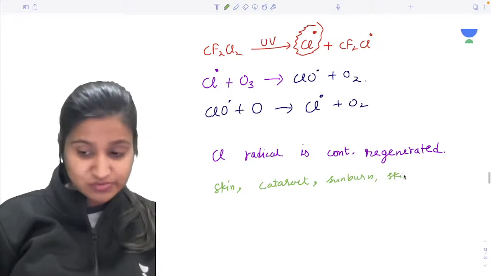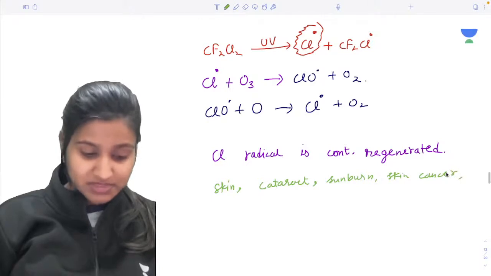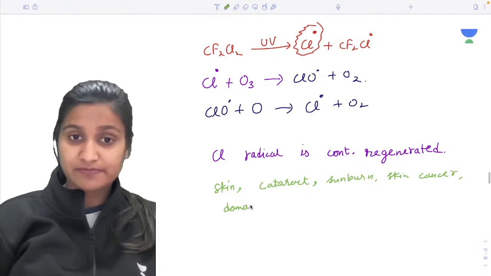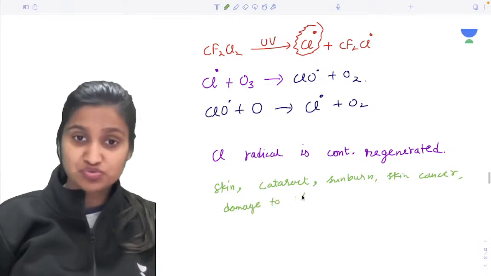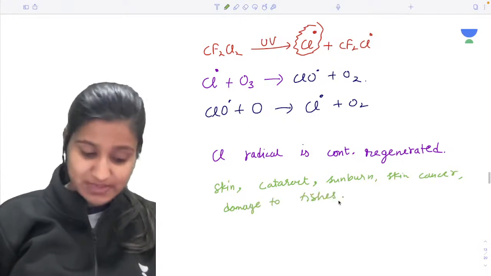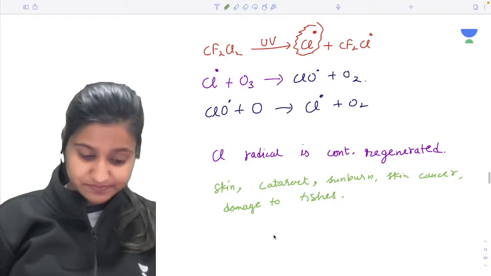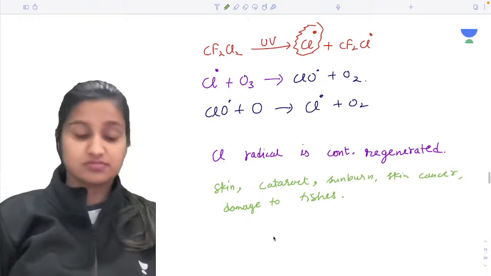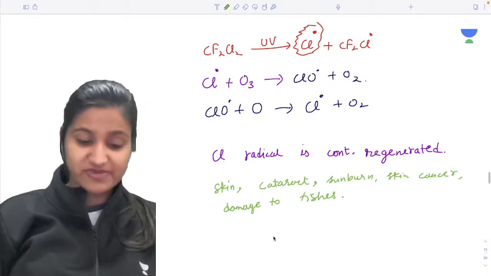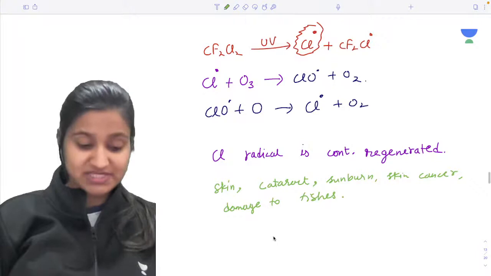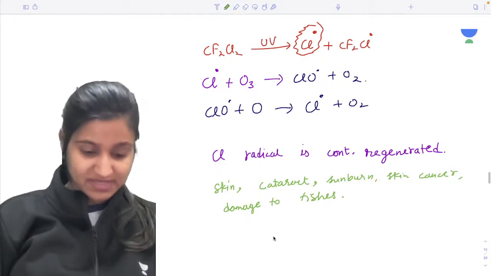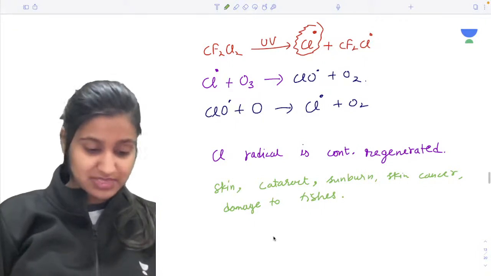Skin cancer, as I told you, skin cancer हो सकता है. ठीक है, it can cause damage to fishes as well. So these are the effects of depletion of ozone layer. All right. ठीक है. So let's move ahead.